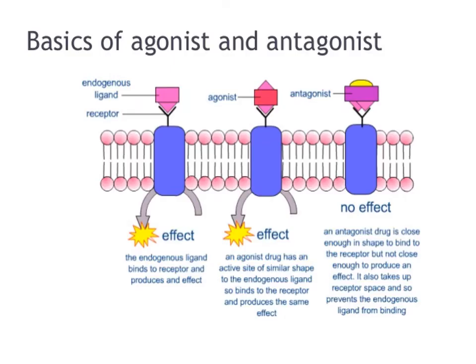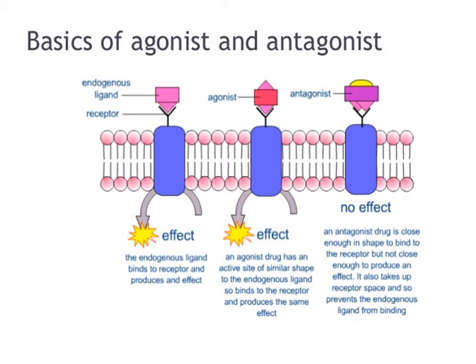Okay, so let's talk about the concepts of an agonist and an antagonist, because this is really important when it comes to drugs in pharmacology. So really have this concept well ingrained in your mind. You have receptors in your cell membrane that are waiting for a signal to attach to them.